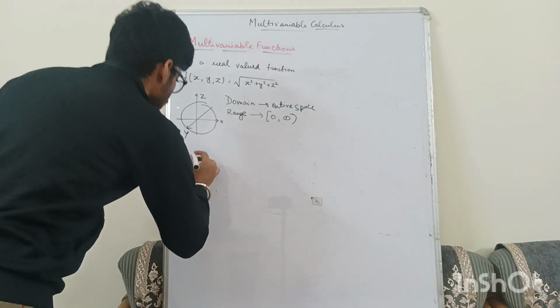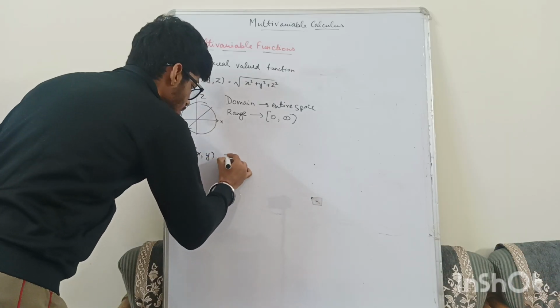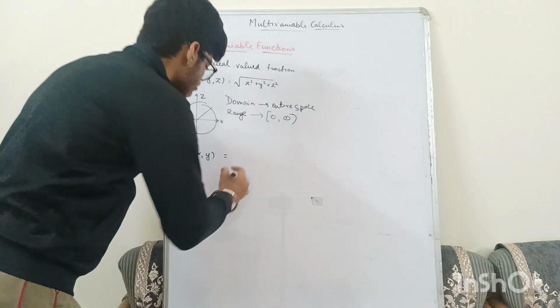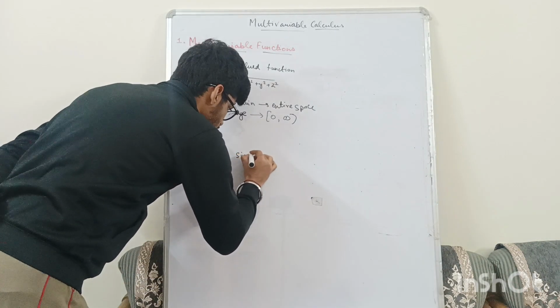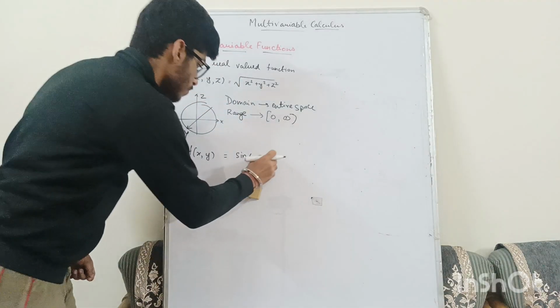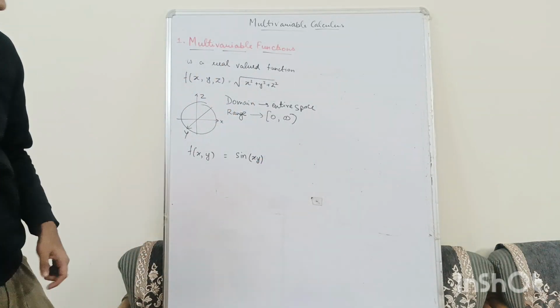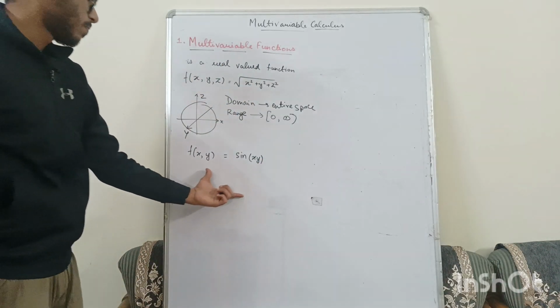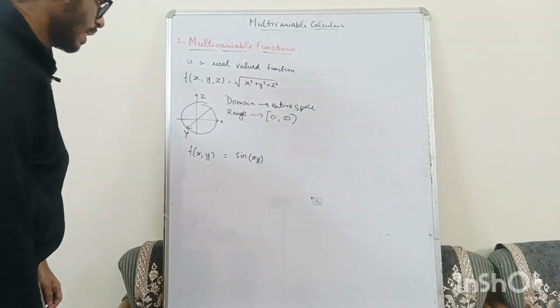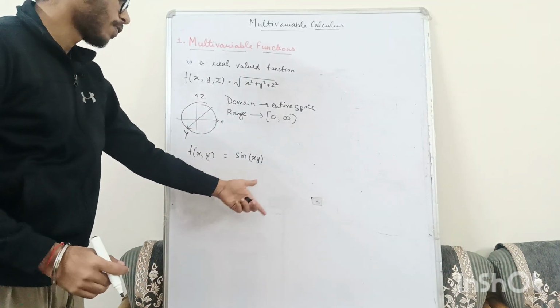Talking about the next example, let's say we have f of x comma y. It's a multivariable function of two variables, and it is sine of xy, right? So this is another example of a multivariable function, and it is given to us as sine of x times y.